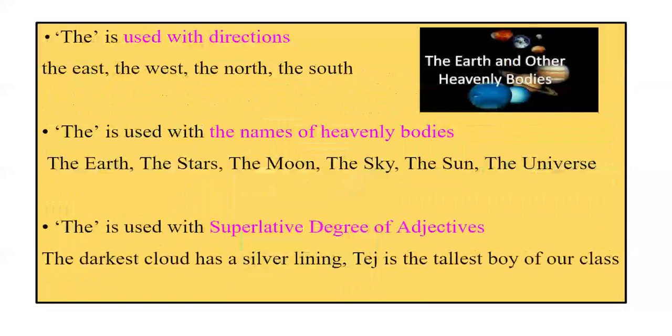Now, children, when we did adjectives, at that time we explained when we were doing degree of comparison that with the superlative degree we use the, like, she is the prettiest girl of our class. Rohan is the smartest child of our family. We always use the with the superlative degree.